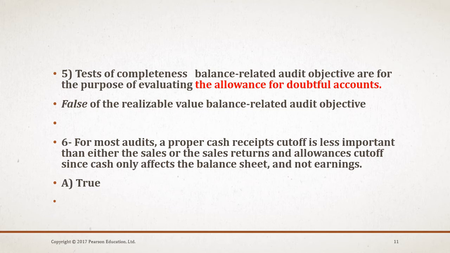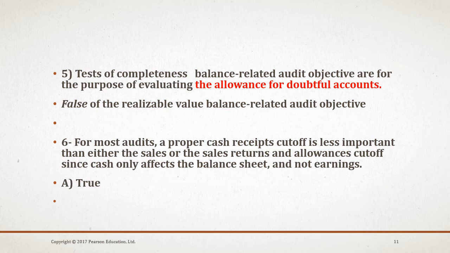Number 6: for most audits, a proper cash receipts cutoff. Cutoff means to separate between fiscal years. I mean, don't shift a transaction to next year, 2022, or prematurely accelerate a transaction which may occur next year to this year. So you have to separate between accounting periods, right?